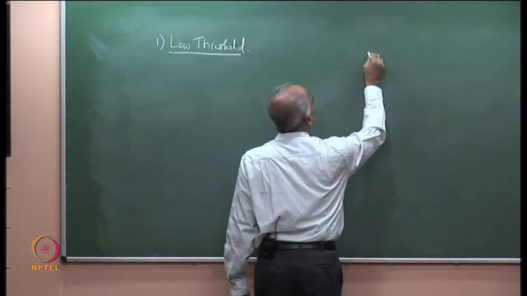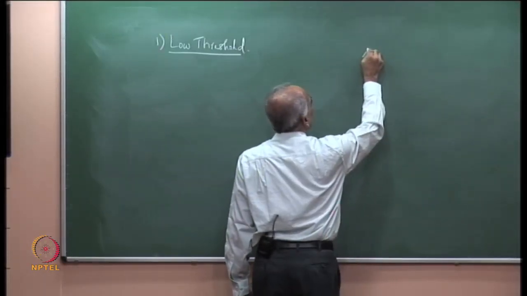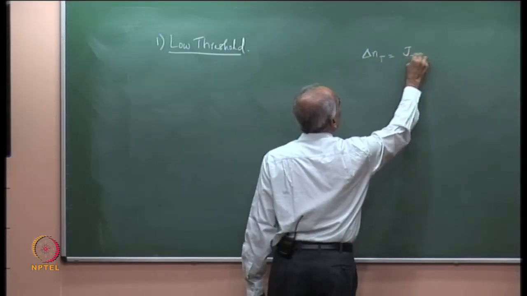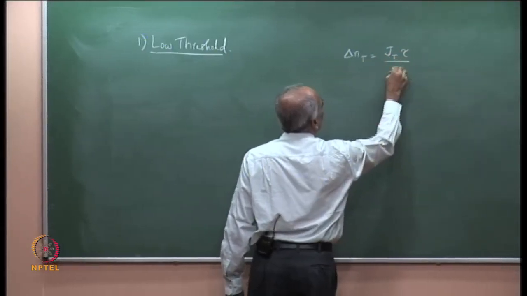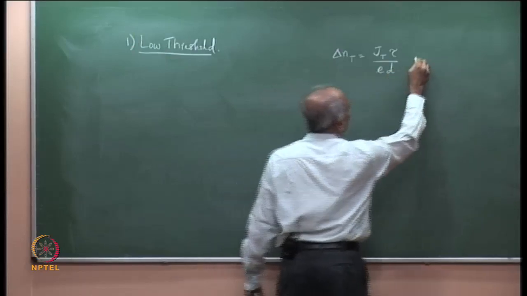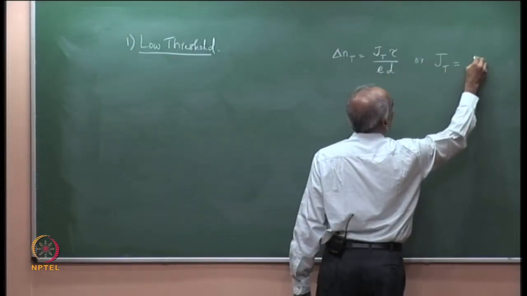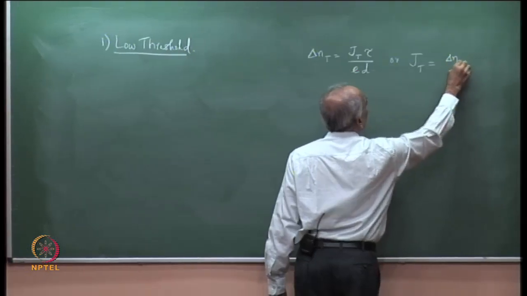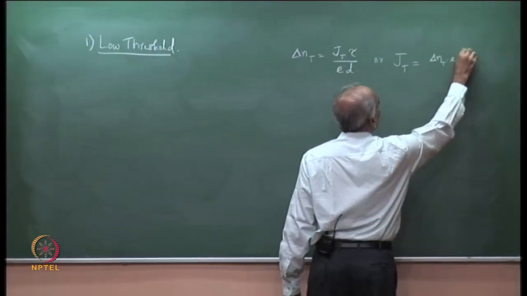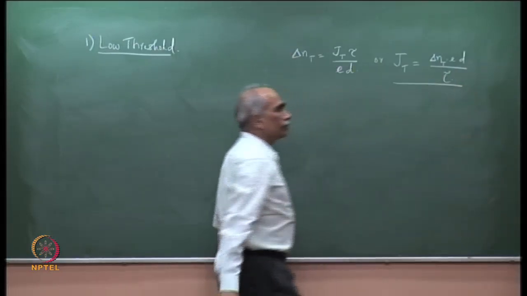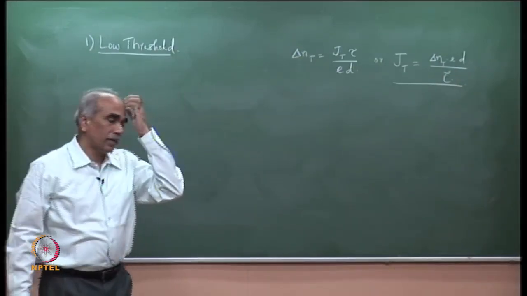If you recall, we had an expression for delta n_t is equal to J_t times tau divided by e times d, or J_t, the transparency current density, is equal to delta n_t times e times thickness divided by tau. D is the thickness of the quantum well structure.